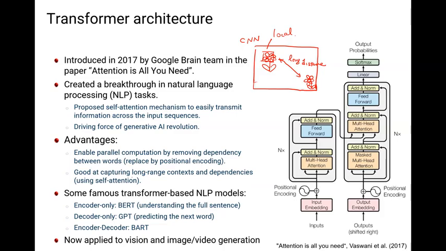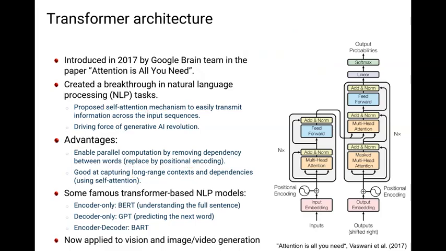In the transformer, because of this self-attention mechanism, it allows you to associate them more effectively even when they are far away from each other. So this is one reason the transformer is important compared to the CNN mechanism. I will tell you more about this later on.